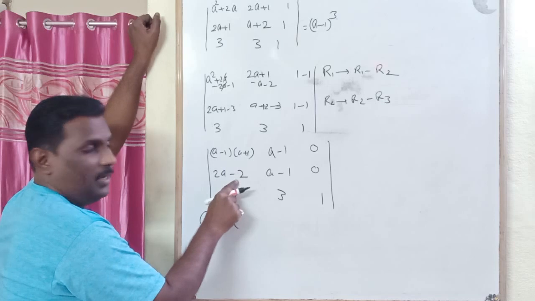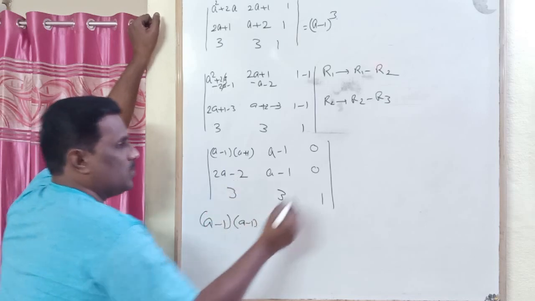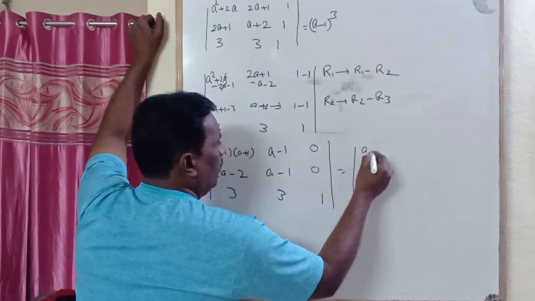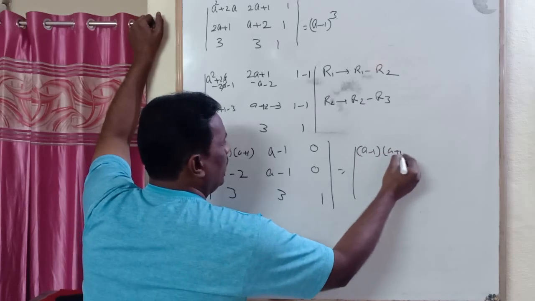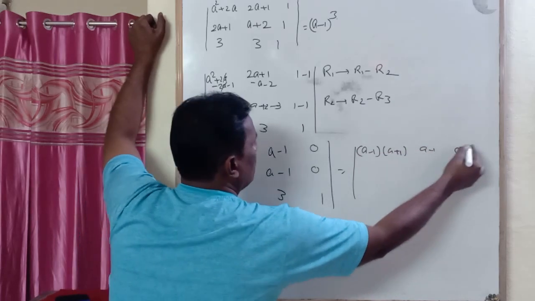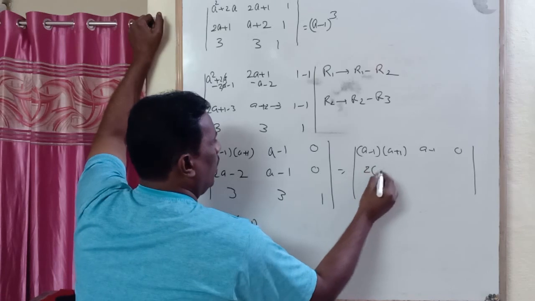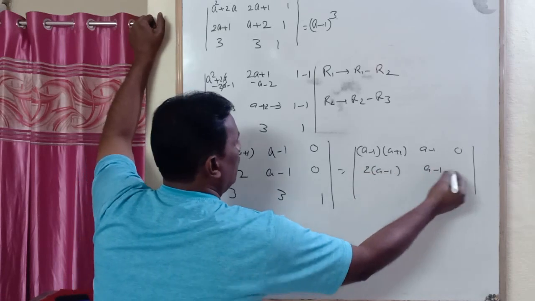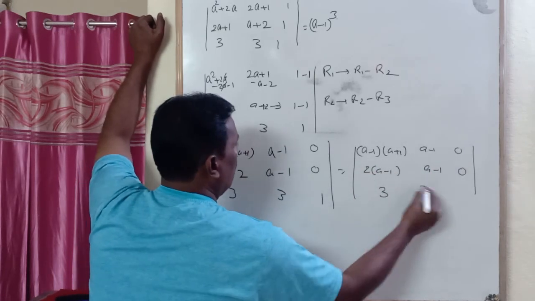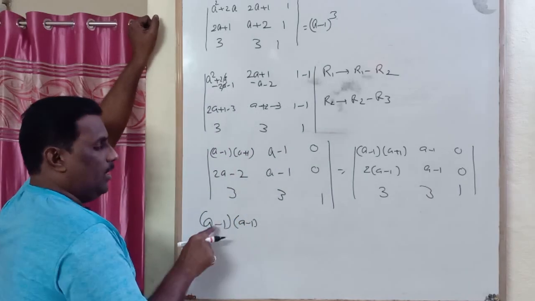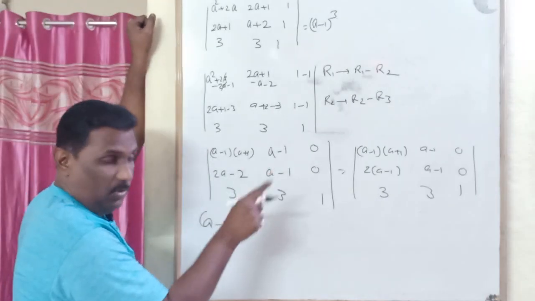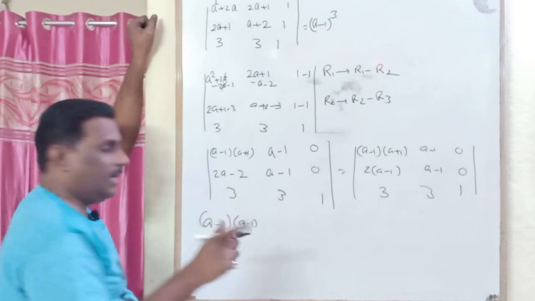Here I can take 2 common, so it will become a minus 1. I will write here: a minus 1, a plus 1, a minus 1, 0; 2 common, a minus 1, 0; 3, 3, 1. A minus 1 common from the first row, a minus 1 common from the second row.